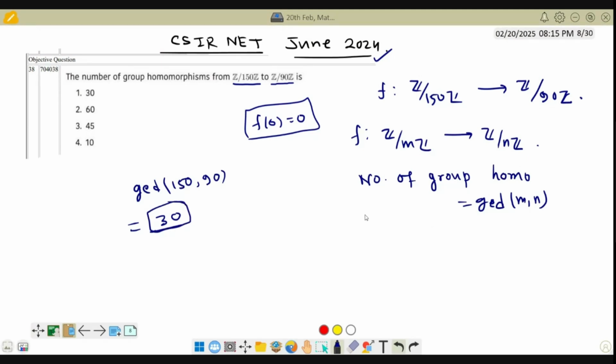But do you know why this formula came? Just briefly, if you can say. For competitive exam purposes, if you know the formula, that's okay. But after NET, you have to give some PhD interviews and all those things. So if you say that the number of group homomorphisms is GCD of m, n, they will surely ask you to give the proof.